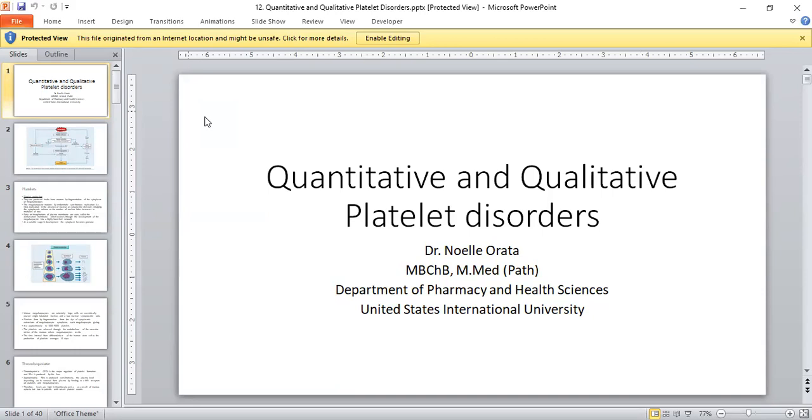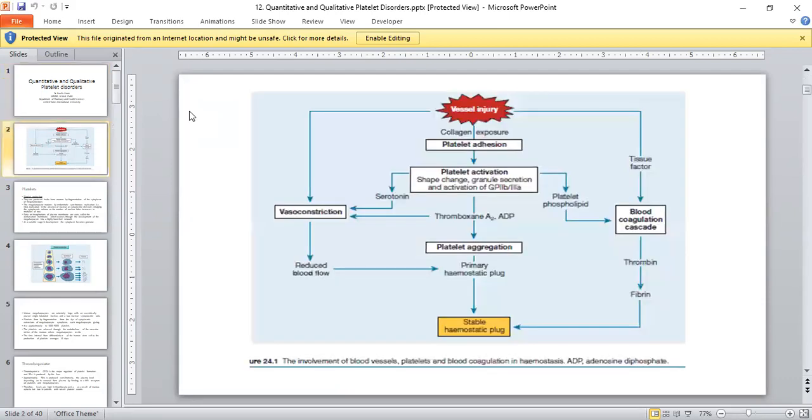So platelet production we did. Regulators of platelet formation: we have a hormone called thrombopoietin that is produced in the liver. You remember how in red blood cells we had erythropoietin provided by the kidney.